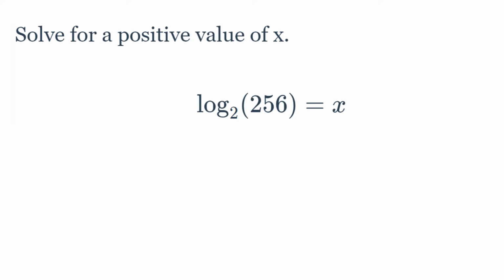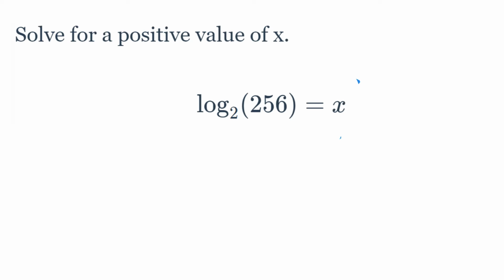Here's another option where spiraling is not really a very good move at all, because the x is already isolated on this particular question. So since the x is already isolated, we can just simply put our log base into our calculator and get whatever the result is.